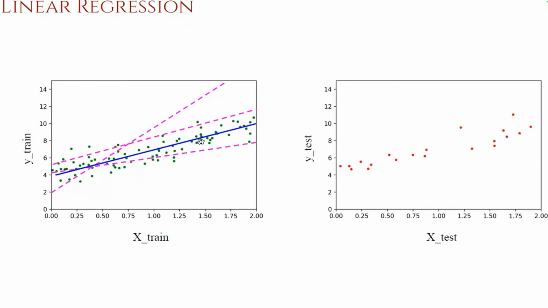So the strategy is defined like this. Let us assume we pick the blue line now. How many green dots do we have? If we originally had 100 points, 80% is taken as training data, so we will have 80 points here. What we will do is find the Euclidean distance between this green dot and this blue line.